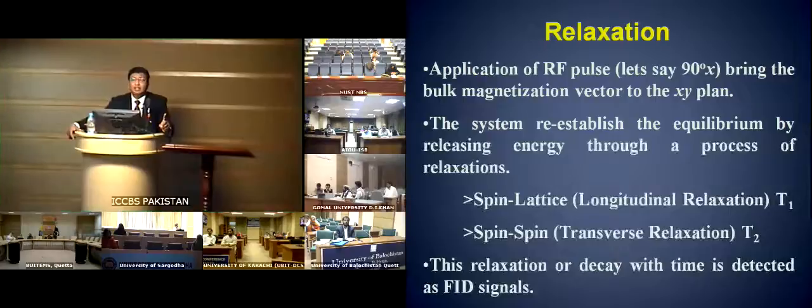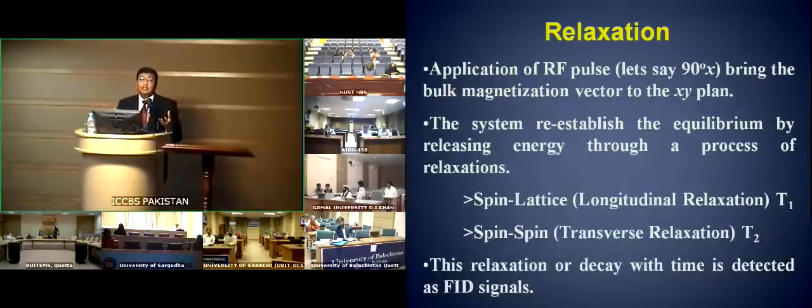The other is the process called spin-spin relaxation. You see, the most appropriate system to transfer the energy is from one nucleus to another nucleus, because they are almost at the same oscillation.